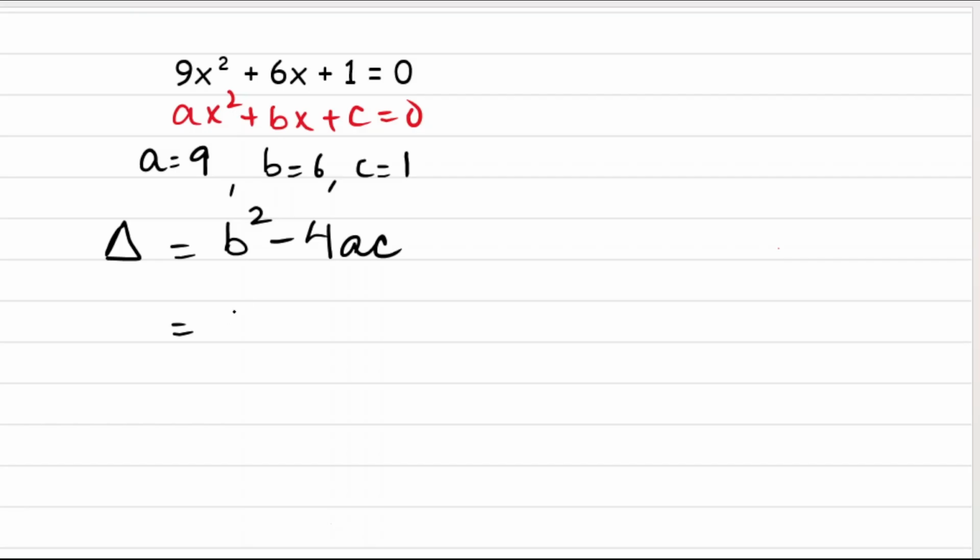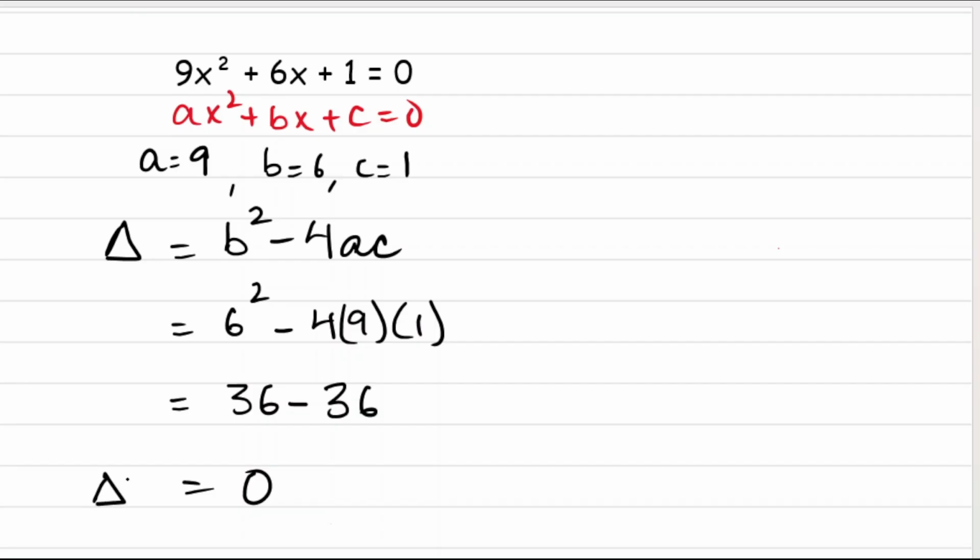Now, B square means 6 square minus 4 times A is 9 and C is 1. 6 square is 36 minus 4 times 9 times 1 is 36, and the discriminant comes out to be 0. When the discriminant is 0, then the equation has one root which is called a repeated root.